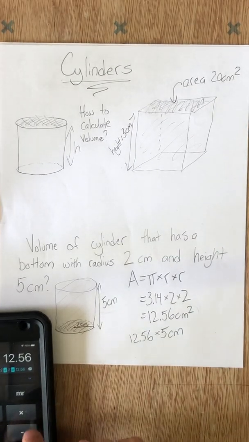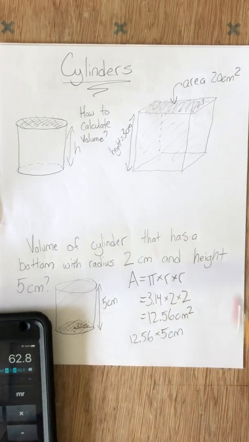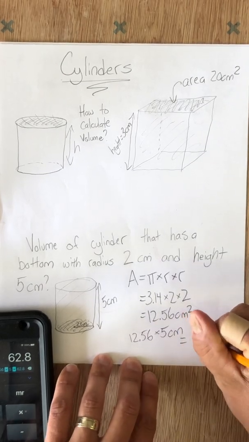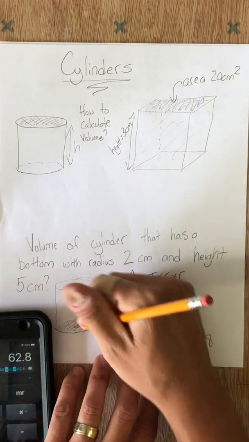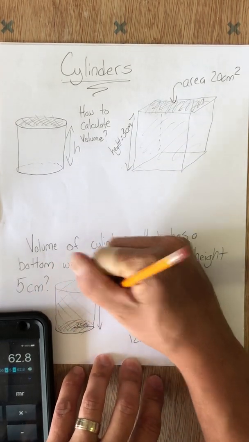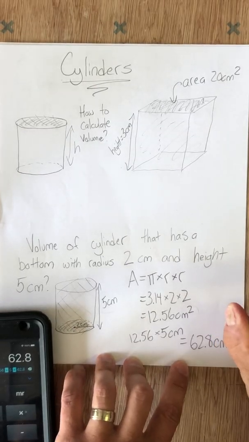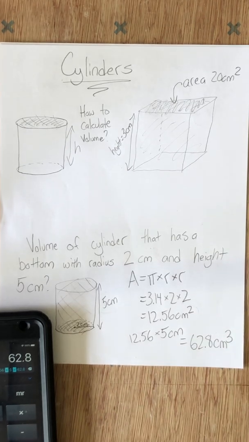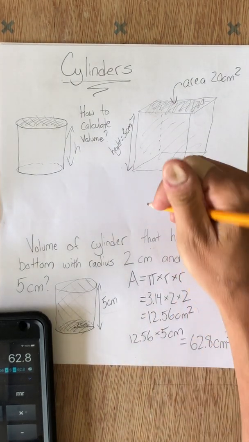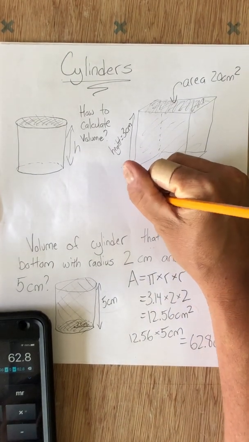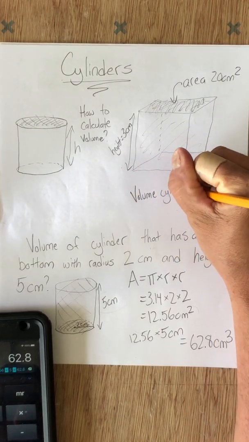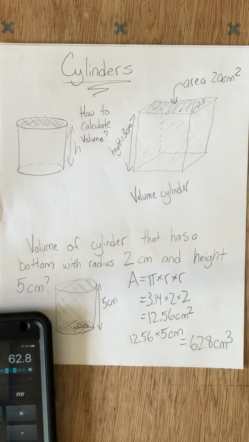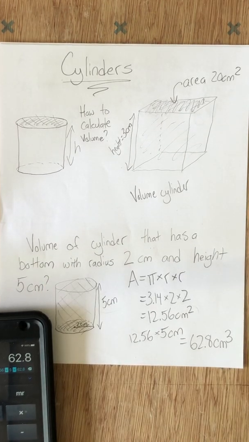Okay, so 12.56 times 5 is 62.8. Now it's a volume, it's the space all the way through here, so it's centimeters cubed. And if we want to think about my formula, the volume of a cylinder: I find the area of the base and then I multiply it by the height.